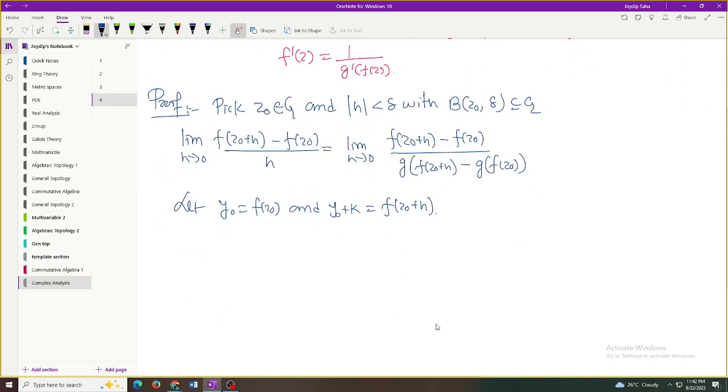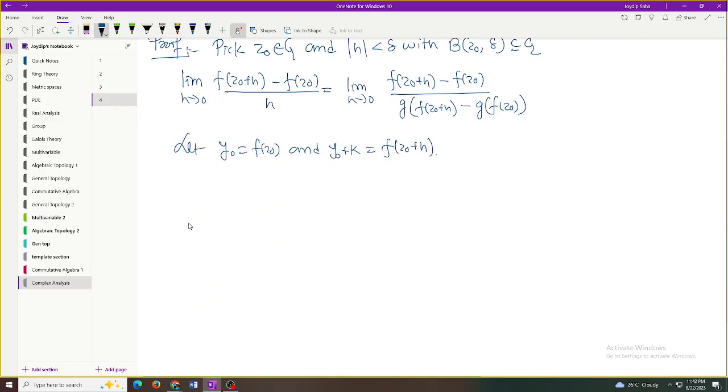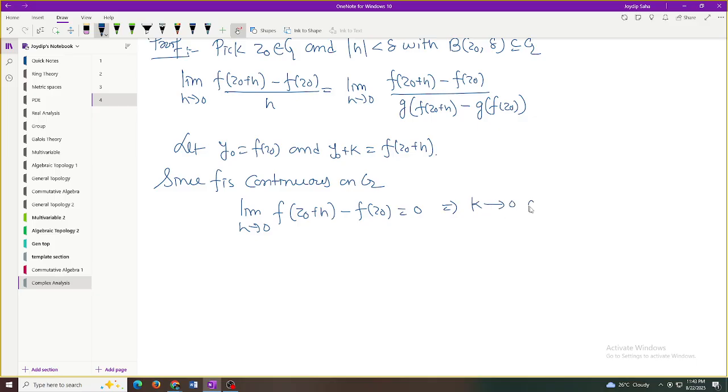Since f is continuous on omega, the limit as h tends to 0 of f(z0 plus h) minus f(z0) is 0. This implies k tends to 0 as h tends to 0.